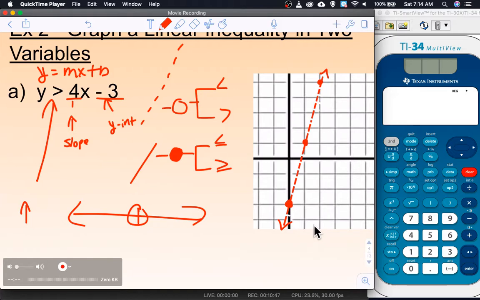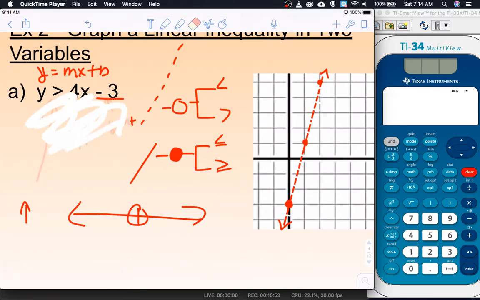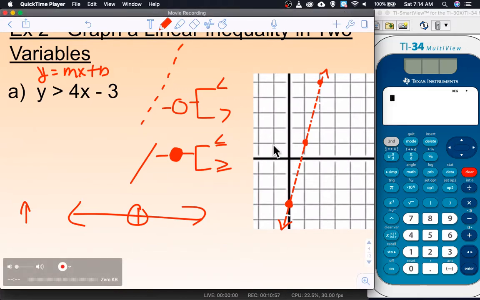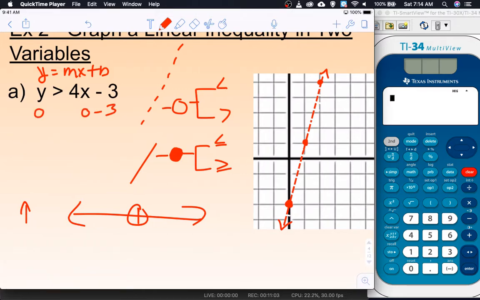Now, if you're ever unsure where to shade, check this out. You could do exactly what we did in the previous few problems. You could pick some point over here. I would almost always pick the origin. If I plug in the origin, is that a solution to this problem? 0 is greater than -3.